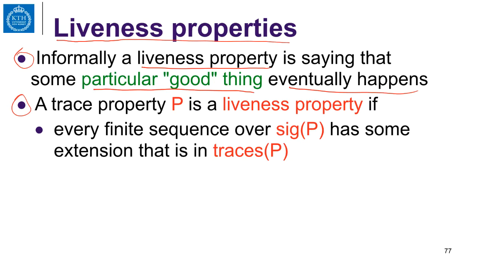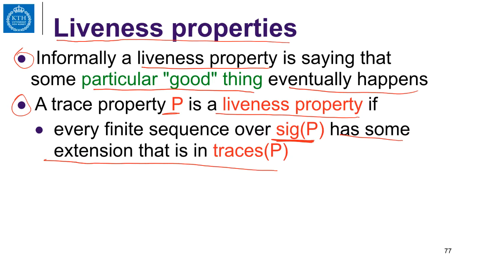A trace property P then is a liveness property. So a trace property is a set of sequences, as you know. If every finite sequence that has P's signature has some extension that is in the traces of P. What we are saying here is, if we take any finite sequence, no matter what has happened up to this point, it is possible to take this finite sequence and extend it.